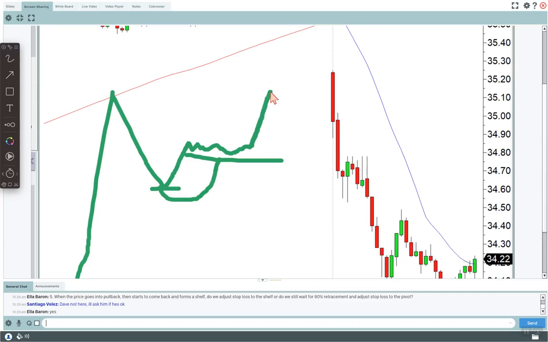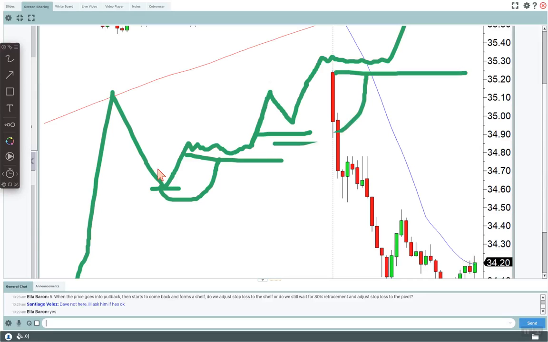If you move, stop adjust. If you move, stop adjust. It's very simple. Every time there's a move, you stop adjust. Here's the problem. Traders enter and then stop adjust, but there has been no move, and that's wrong.